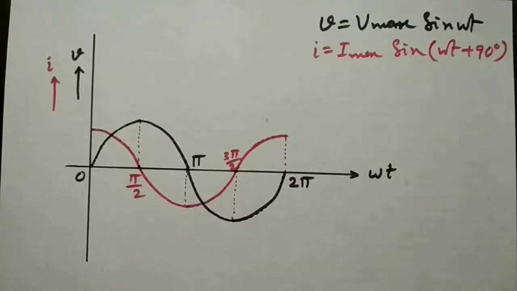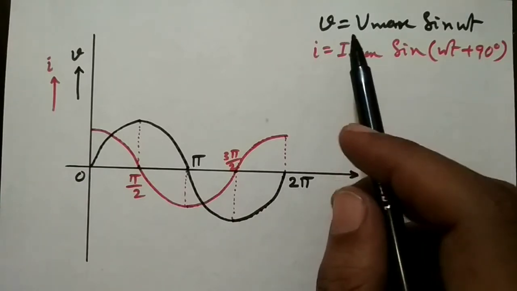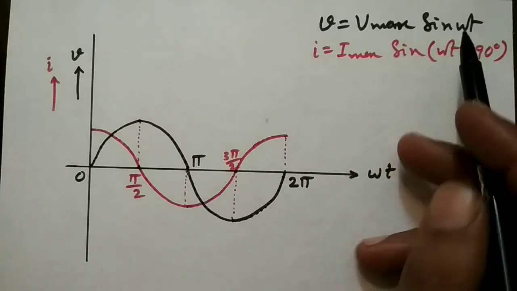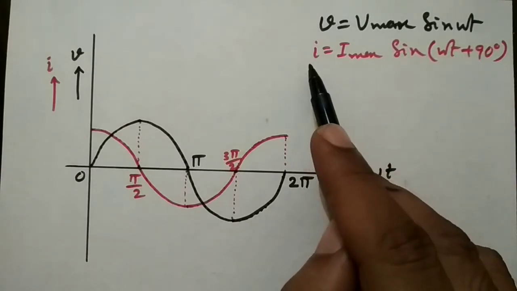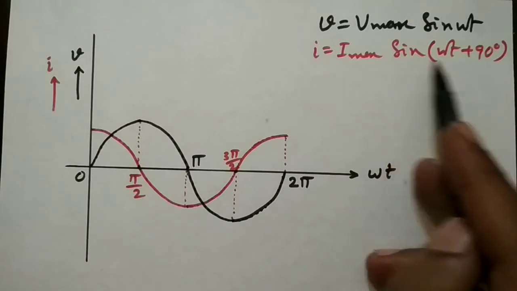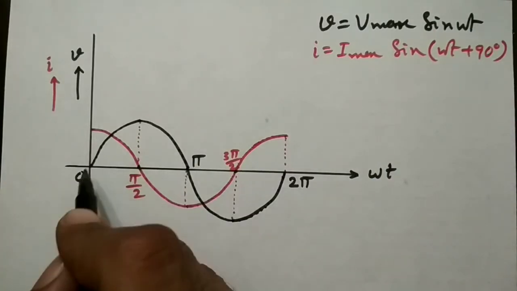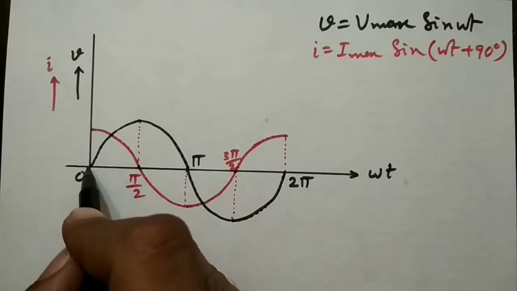Now the waveforms of the voltage and current. Here for a purely capacitive circuit, the voltage applied is Vmax sin omega t, and the corresponding current flowing in the circuit is Imax sin(omega t plus 90 degree). In the waveform, the V will be starting from omega t equal to 0.